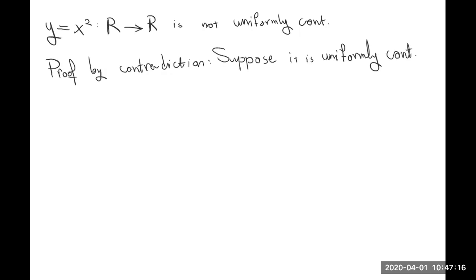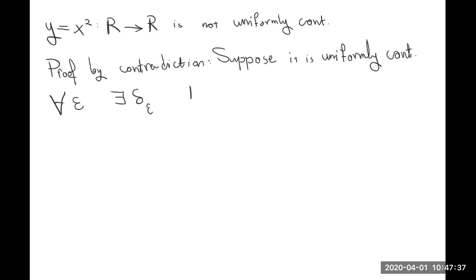So for any epsilon, there exists some delta, which depends on epsilon, but it doesn't depend on x. So delta only depends on epsilon. Maybe I can show it with delta sub epsilon, so we understand this delta depends on epsilon. It's just a notation, it really doesn't matter.